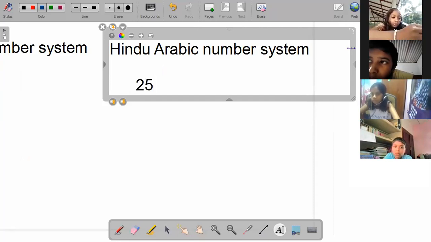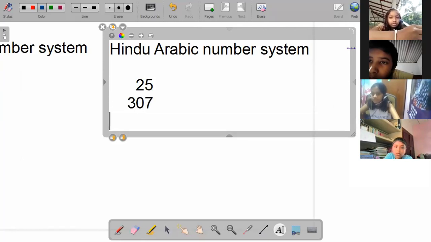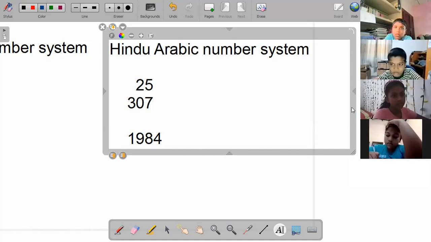Look at this: 25, 307, 1984, right? Like that. These numbers are known as which number system? Hindu Arabic number system. Okay? Are you clear?